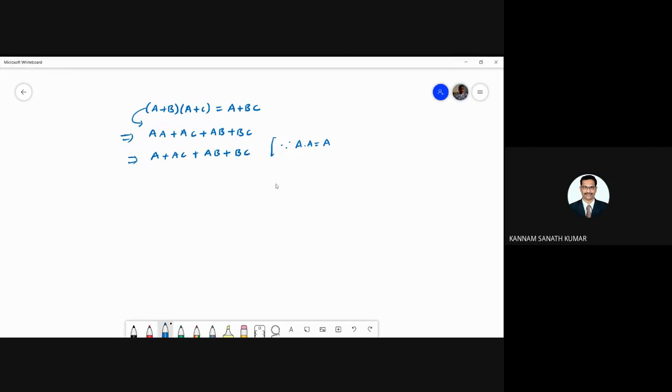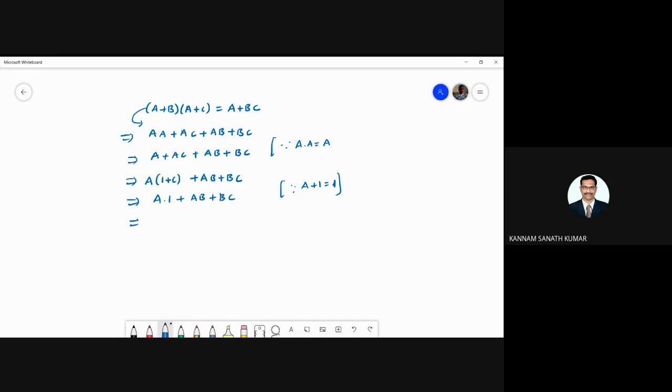Next, you can take A common: A into 1 plus C, plus AB plus BC. Since you know that 1 plus C equal to 1, this becomes A into 1 plus AB plus BC.